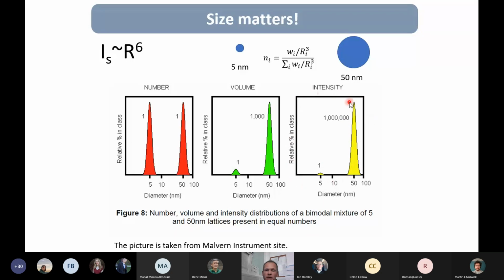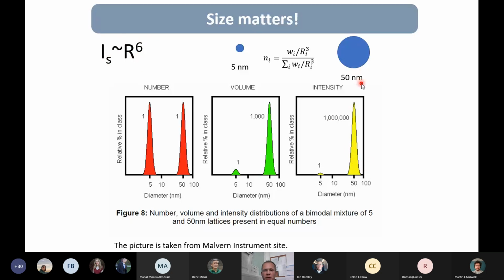You can see that the program analyzing the dynamic light scattering will show you two peaks, and one peak is much stronger than the other one. It happens because dynamic light scattering measures scattered intensity, and scattered intensity is proportional to the sixth power of the radius.